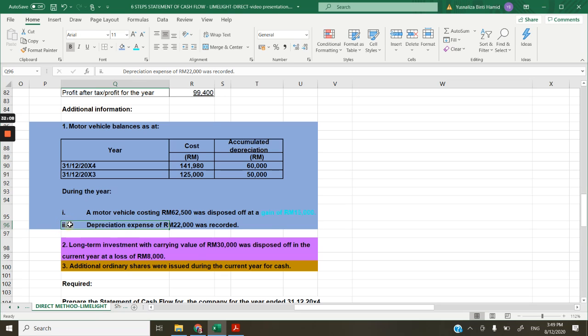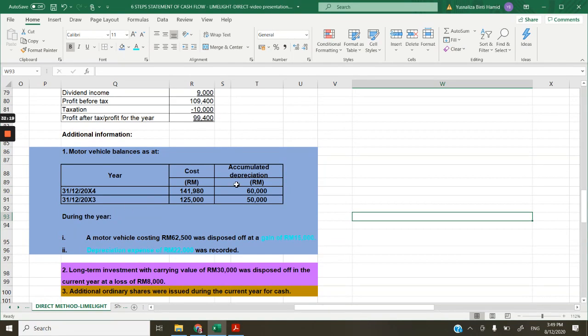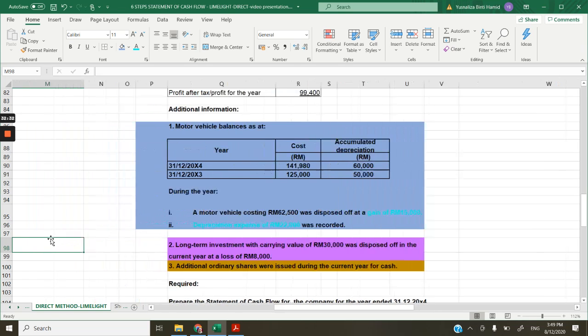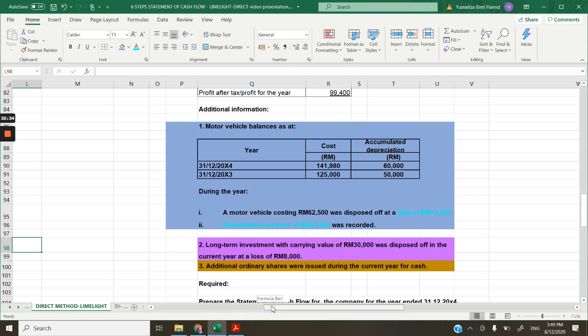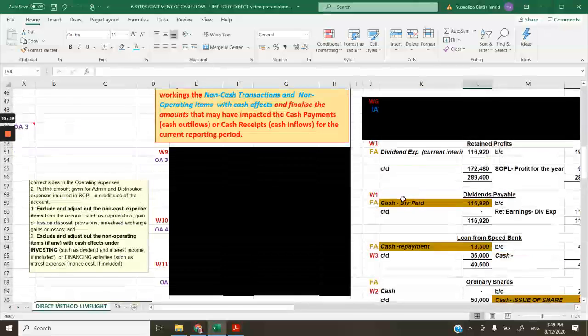And at the same time, you're also informed that there is a depreciation expense. Depreciation is also a non-cash expense. It has been recorded. Of course, you need to provide depreciation. And again, you have other information here. And it was disposed at 15,000. So the cost was the information that relates to the investing activities being disposed. So we put all that information in our account that we have reconstructed. I've done that for you.